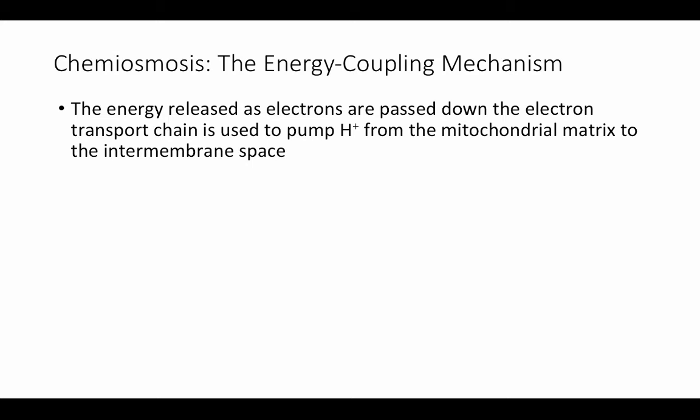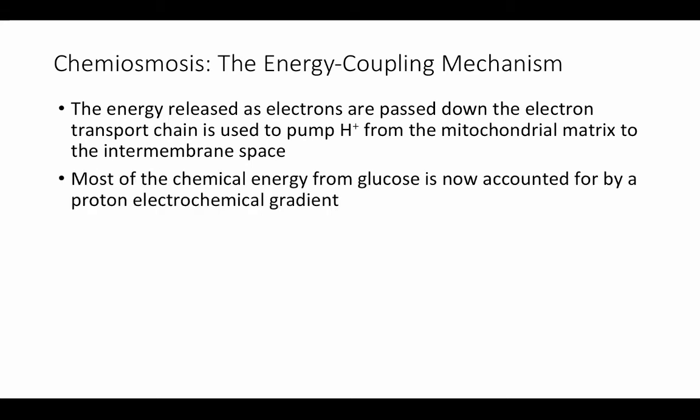We need this separated chamber to hold this high concentration of hydrogen ions separated from this electron transport chain to create an electrochemical gradient of protons. So we're pumping hydrogen ions against their concentration gradient using the energy that's being released from this electron transport chain.